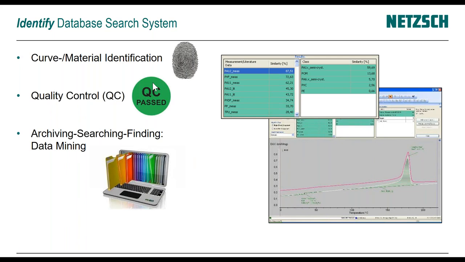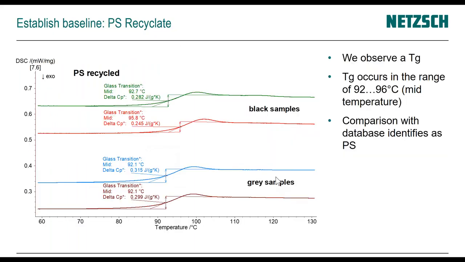If you are under a certain threshold, you failed. It also uses data mining functions, so you can look in your own material database that you can create and use Identify for, but you can also use our databases, simple ones or more advanced ones that you can purchase additionally if you use that function a lot.